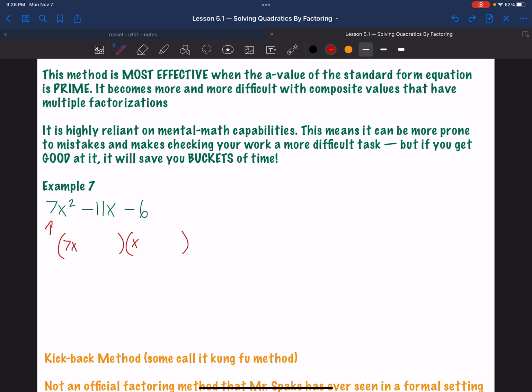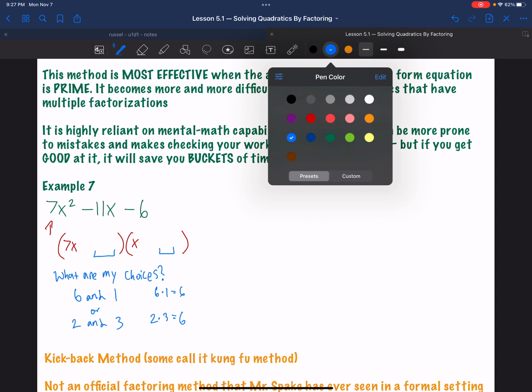If c is not prime, this gets messy. So what are my choices? I'm going to say blank here, blank here. Well, I have 6 and 1, or I have 2 and 3, right? Because 6 times 1 gets me 6, and 2 times 3 gets me 6. So pick one, right? Let's pick 6 and 1.